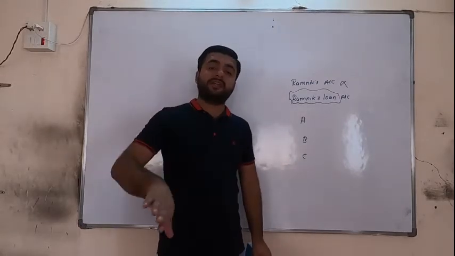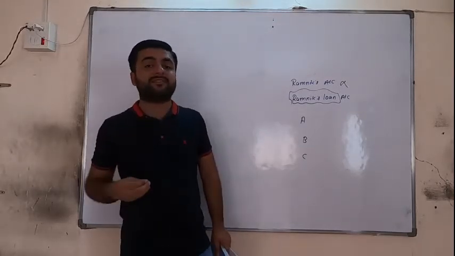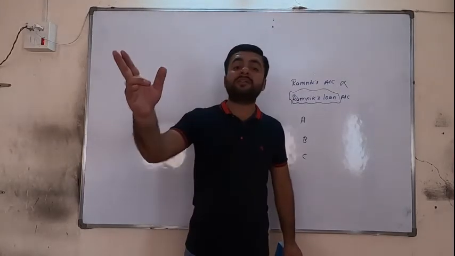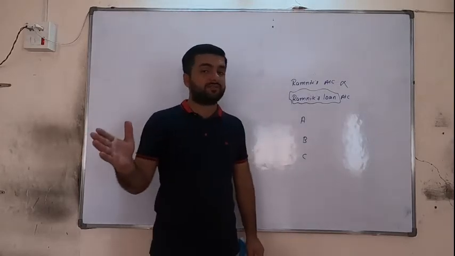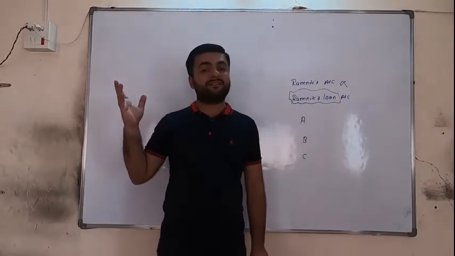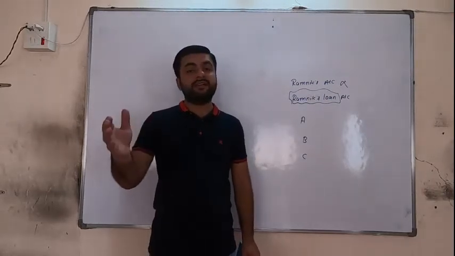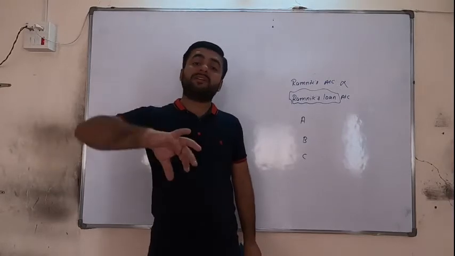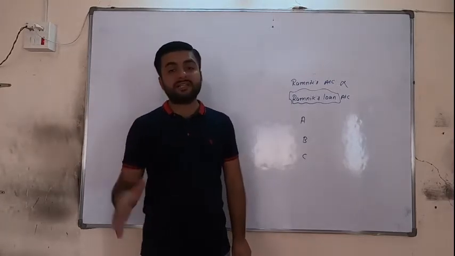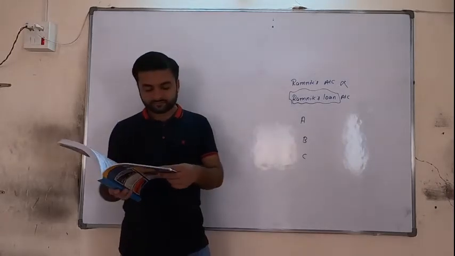Sales was credited, now sales return is to be debited because we are receiving back the sales goods, and Lakshmi is now the giver. First she was the receiver, now she is giving back, so Lakshmi should be credited. So whenever purchase is done, the entry of purchase return will be opposite to that. Whenever sales is done, the entry of sales return will be opposite to that.